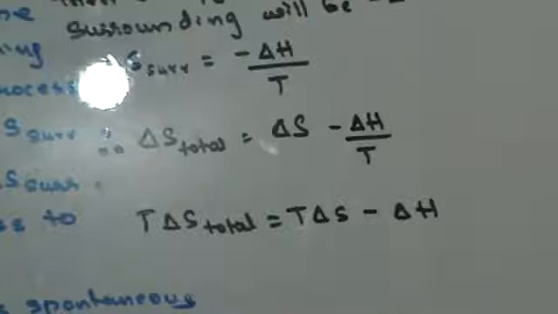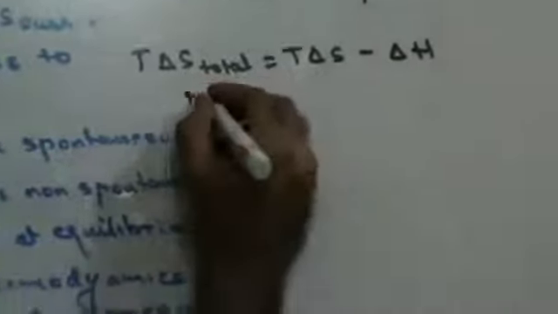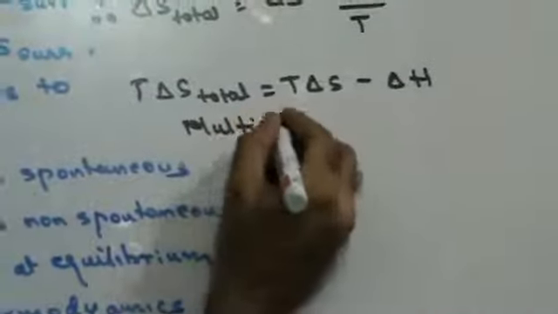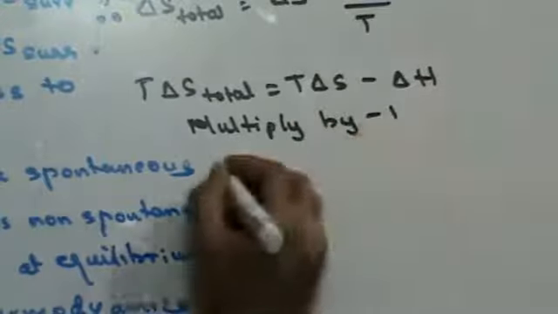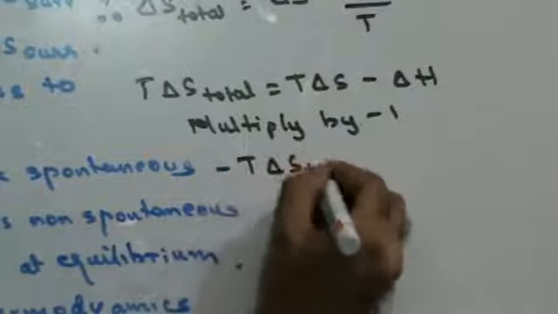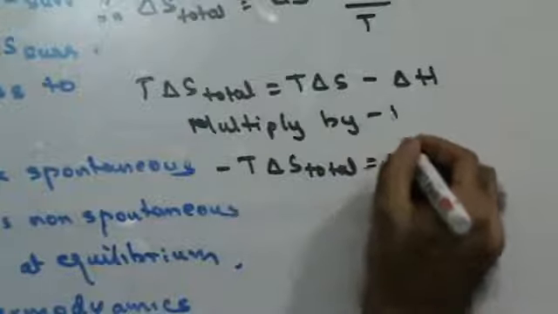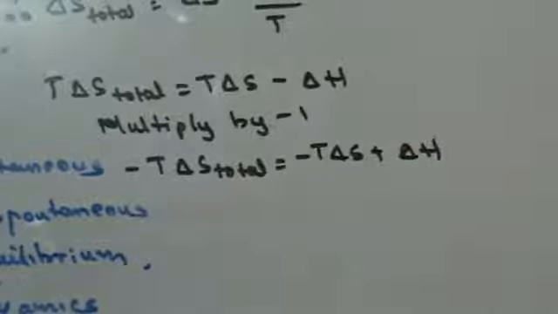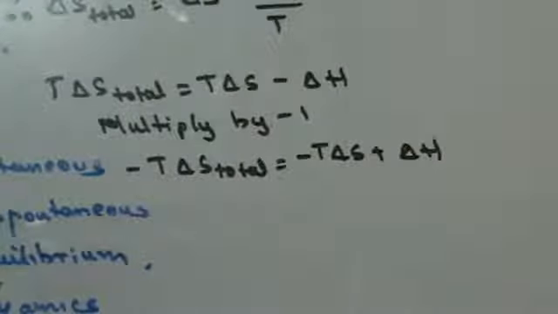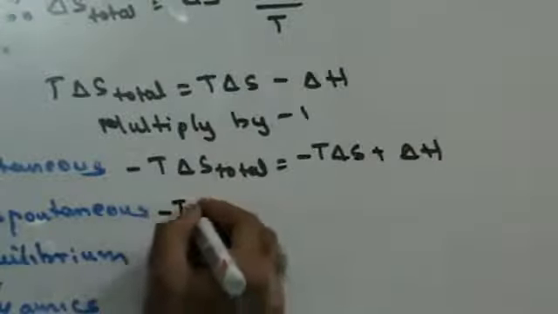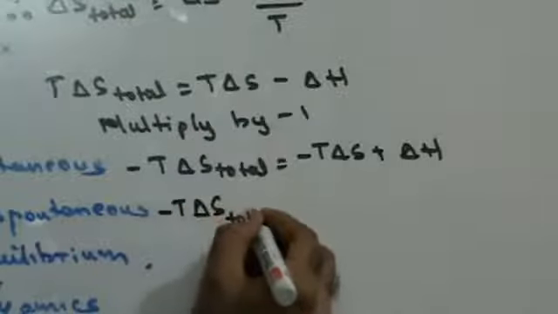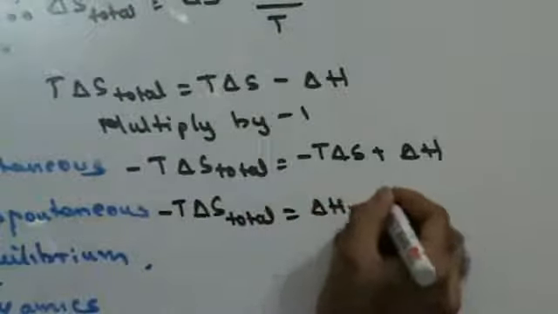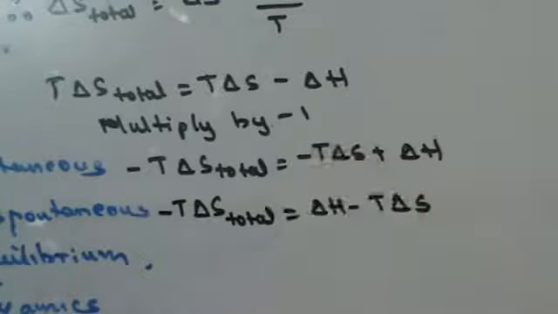So multiply by minus 1: minus T delta S total is minus T delta S plus delta H, right? So therefore I could rearrange this and write minus T delta S total is delta H minus T delta S, right? Do we get this thing here?